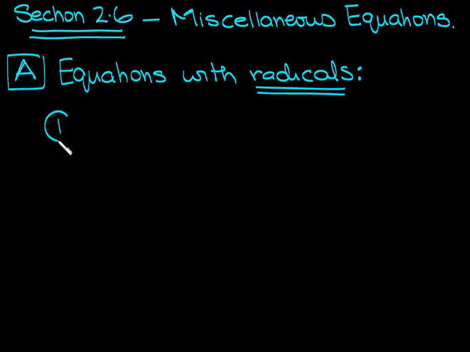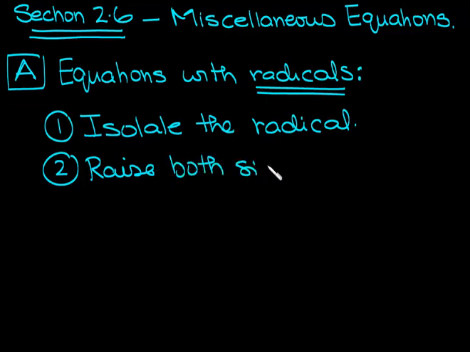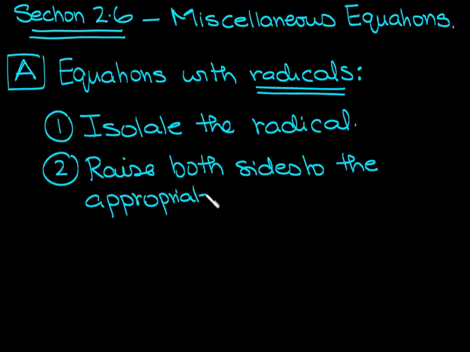The first thing you do when you have equations with radicals is you isolate the radical term. Okay, and then depending upon the radical, you raise both sides to the appropriate power.